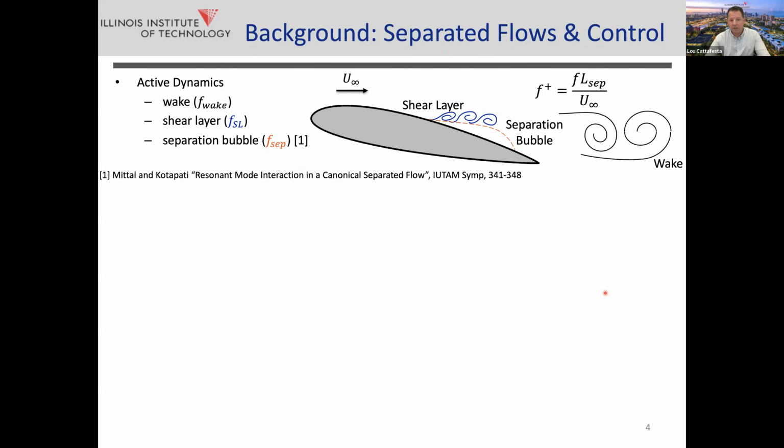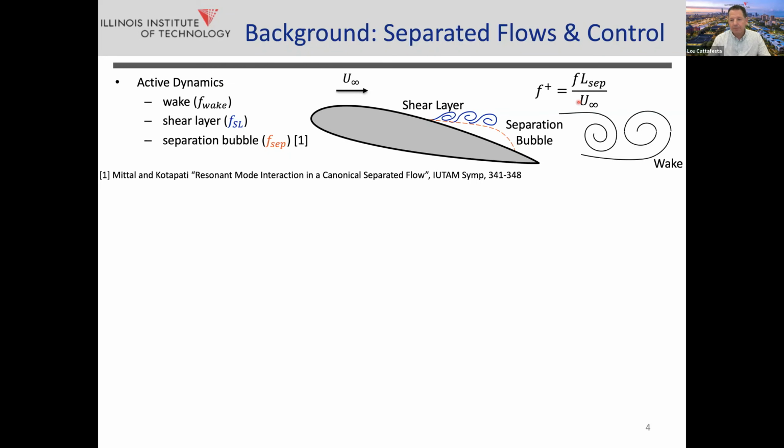So if we look at this in the context of, say, some foil, and we have this approach flow, essentially you can look at three characteristic frequencies, those associated with the wake, those associated with the shear layer that you saw on the previous page, and when the separation bubble itself closes, you can have oscillations in the separation bubble.